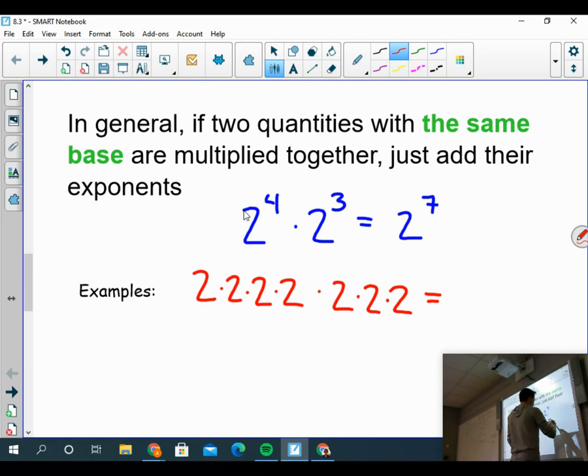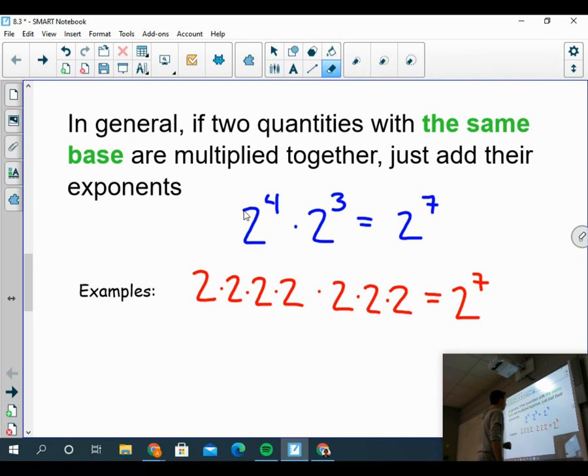Whatever number is being multiplied over and over again is the base, and the number of those numbers multiplied together is the exponent. Here we have repeated multiplication of the number 2, and there are 7 2's present. So if we write out what 2 to the fourth times 2 to the third physically means, you can quickly see why the answer is 2 to the 7th.